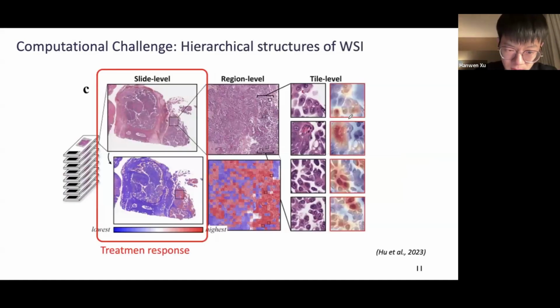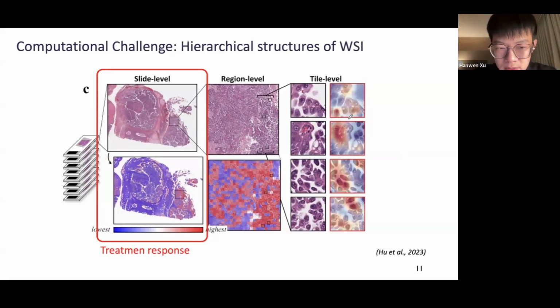Another problem associated with the long sequence problem is the hierarchical structure of the histology images. A histology image consists of different levels, and depending on which task we are going to handle, for example treatment response, the key problem is that we probably need to look at how the lymphocytes are distributed around the boundaries of the tumors.